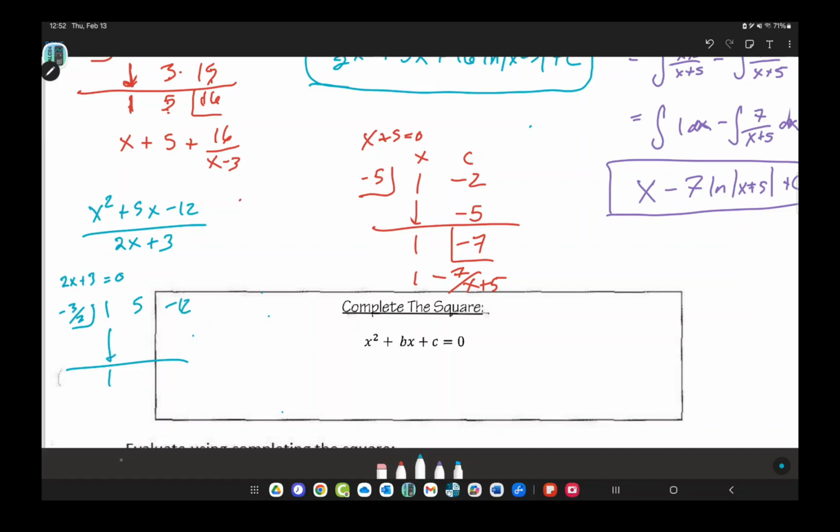That's probably not the best way to start. Let's say this was a 4 there.